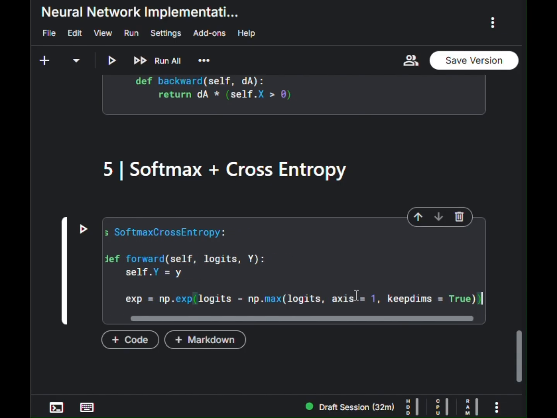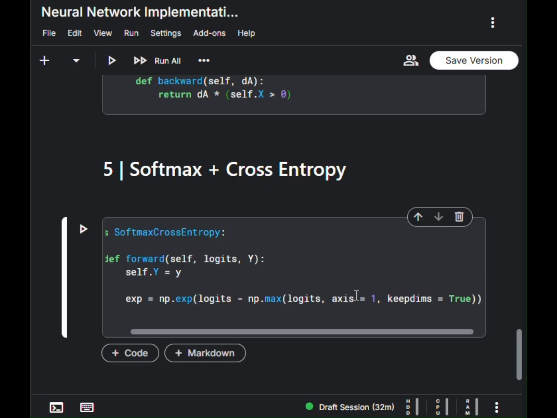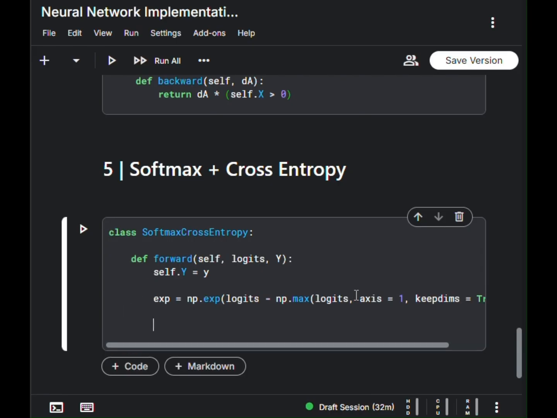So like this, the exponents are implemented. I'll be explaining this whole part once we write this function. And self.probabilities will be exp divided by np.sum of exp, axis equals 1, and keep dimensions true.